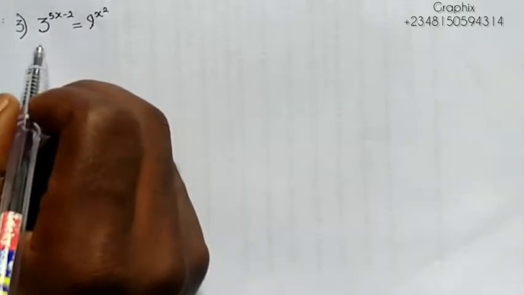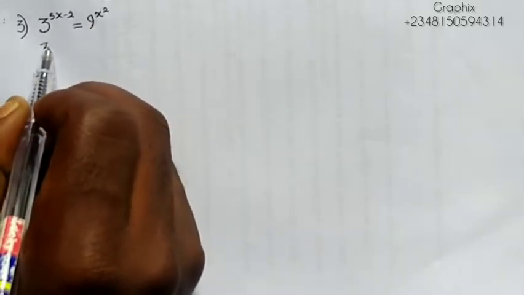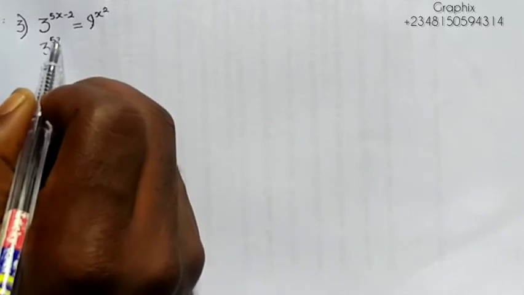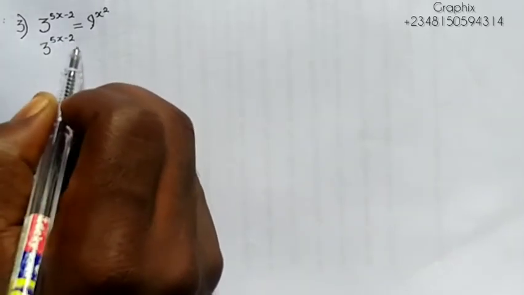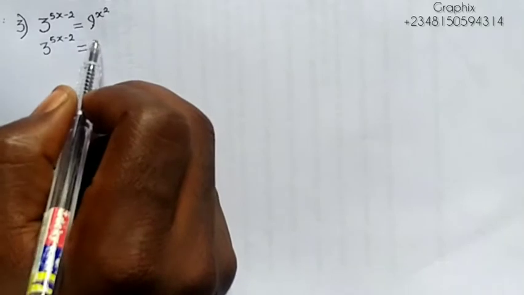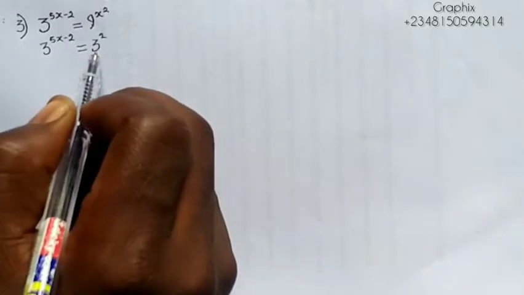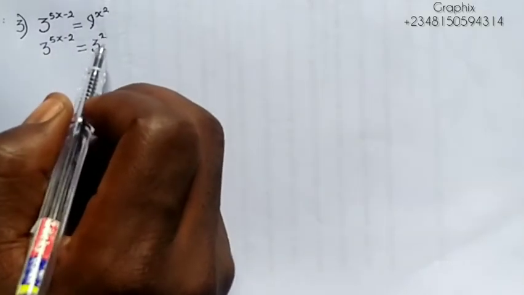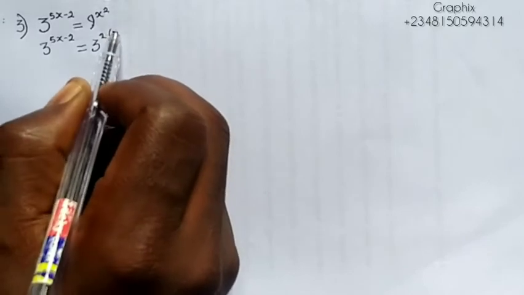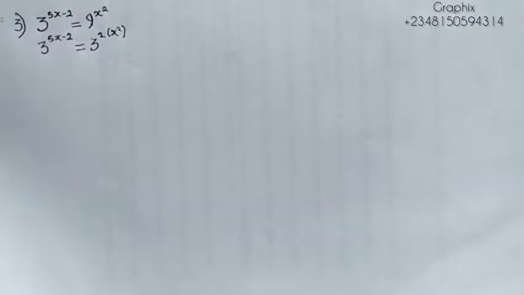So I'll have 3 to the power of 5x minus 2 equals 3 to the power of 2, because 3 to the power 2 is 9, with an x squared close to it.